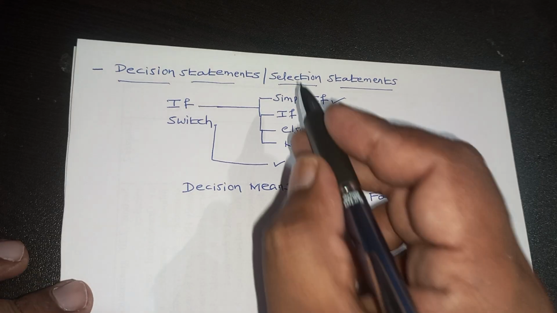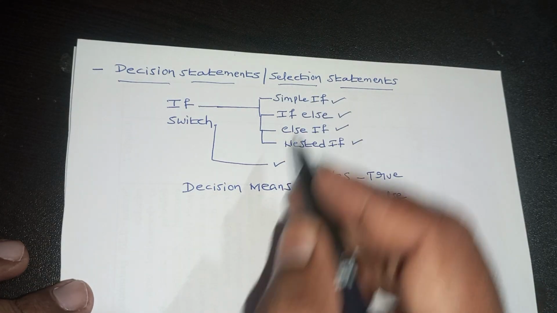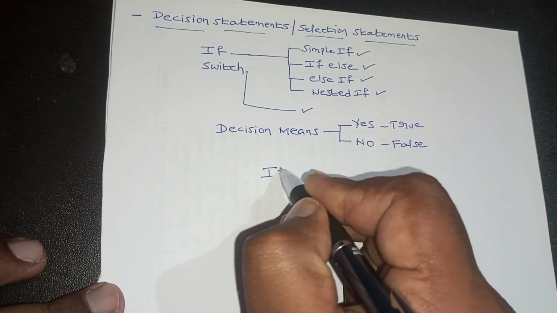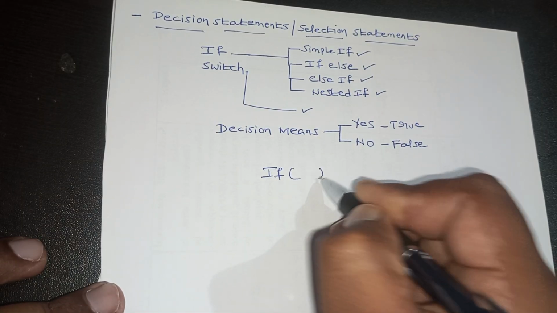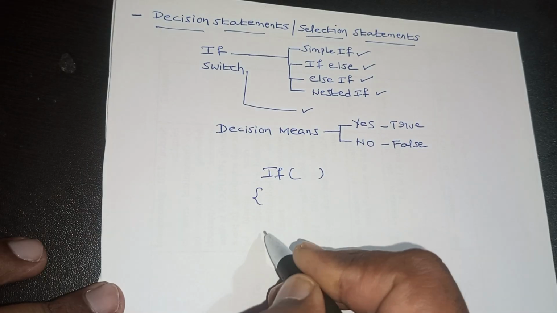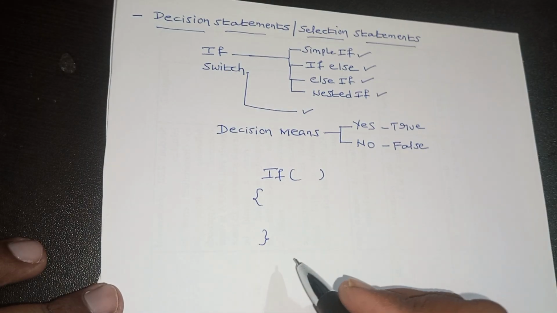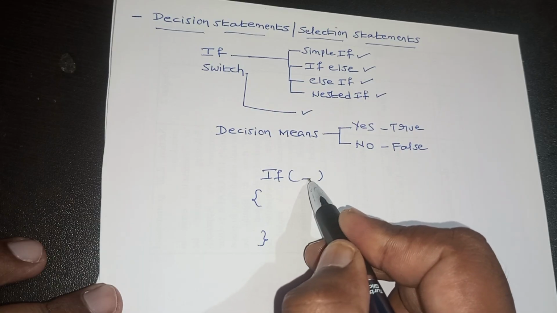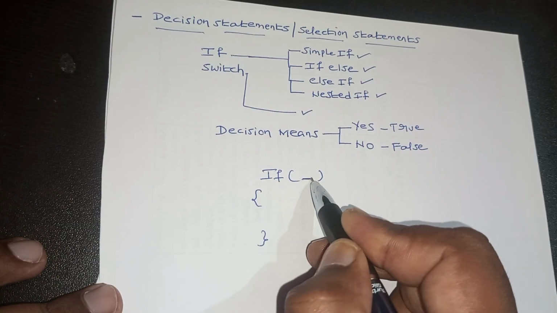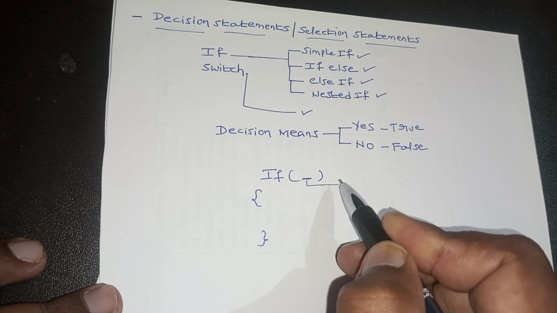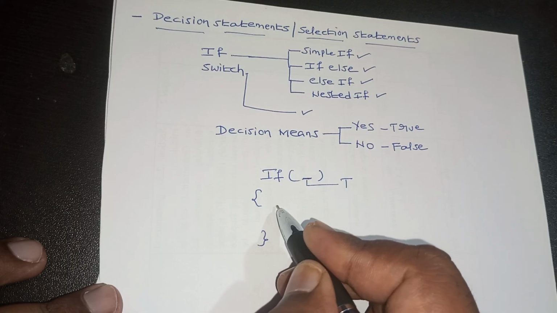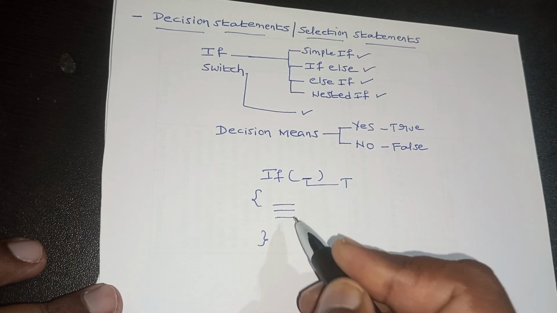Now, what is the meaning of selection statements? I will take a small example: if, and here we write the condition. If this condition is true, then we select the statements to execute.